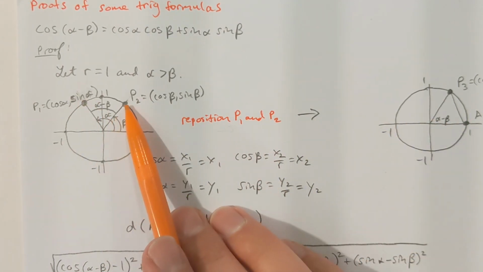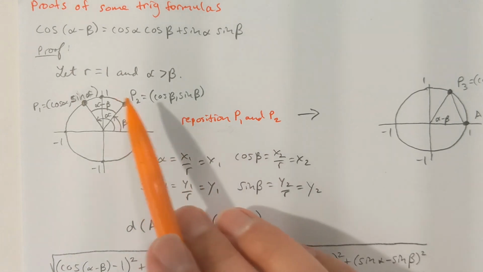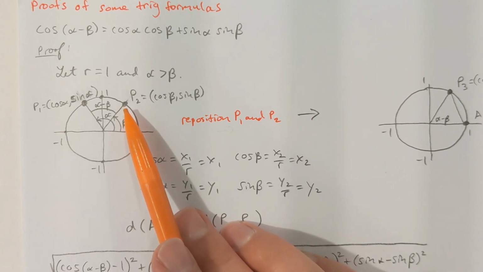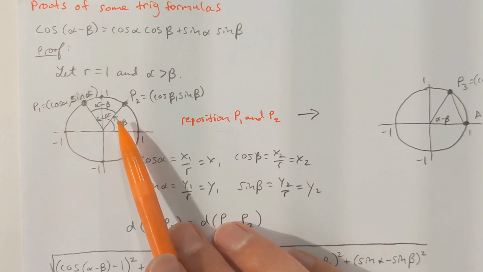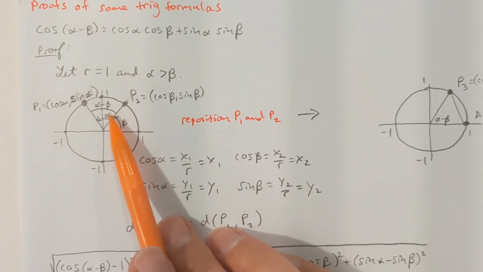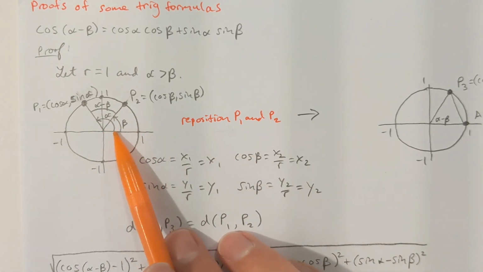Same deal with P2. P2 is this point resulting from angle beta that I positioned in quadrant 1. If you look at the triangle there in quadrant 1, you're going x2 units to the right, and then y2 units up. If I compute cosine of beta, that would be adjacent over hypotenuse. The adjacent side would be whatever the distance x2 is.